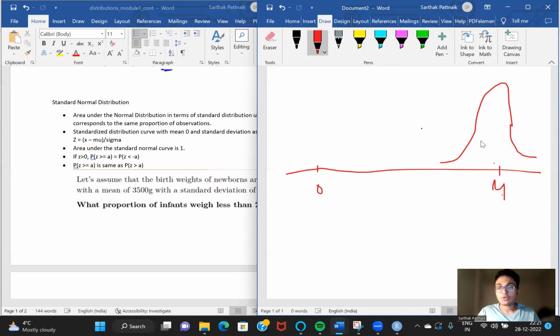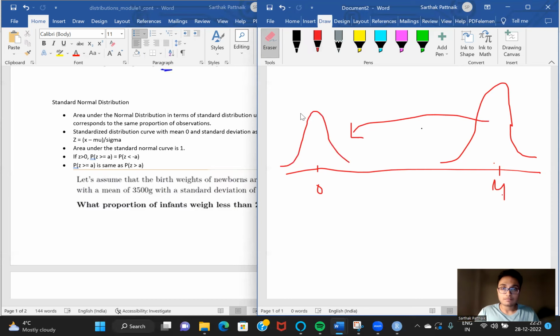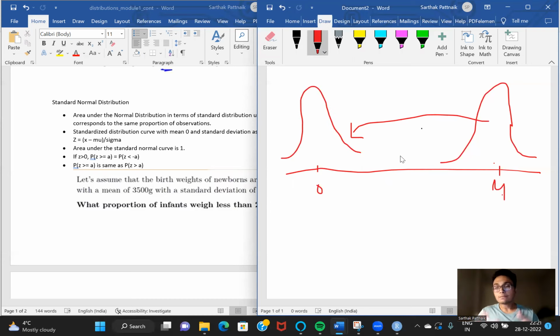So the core idea of standardization is to shift this curve to here. Sorry, I have to draw it exactly the same because the idea is to keep the properties of that normal curve intact, the shape, spread, and size of the curve, but shifting it to mean 0 and standard deviation 1.